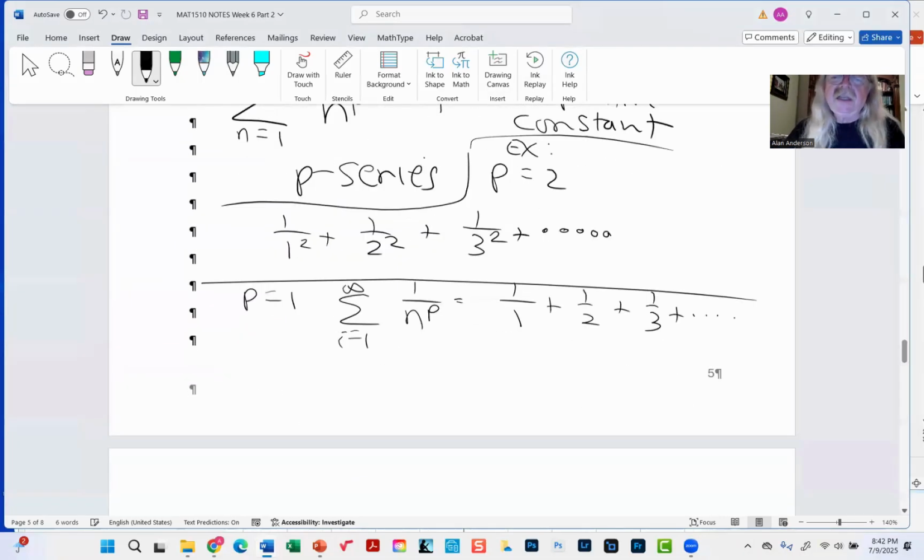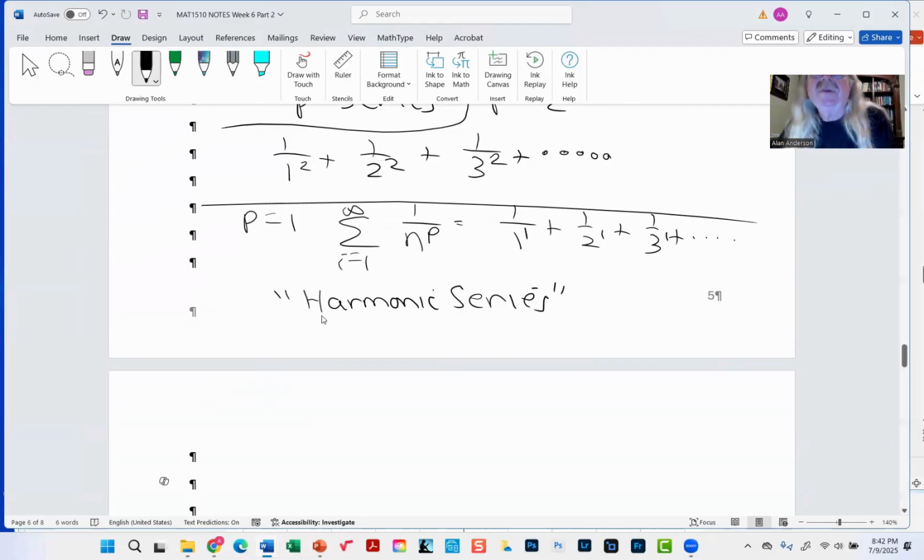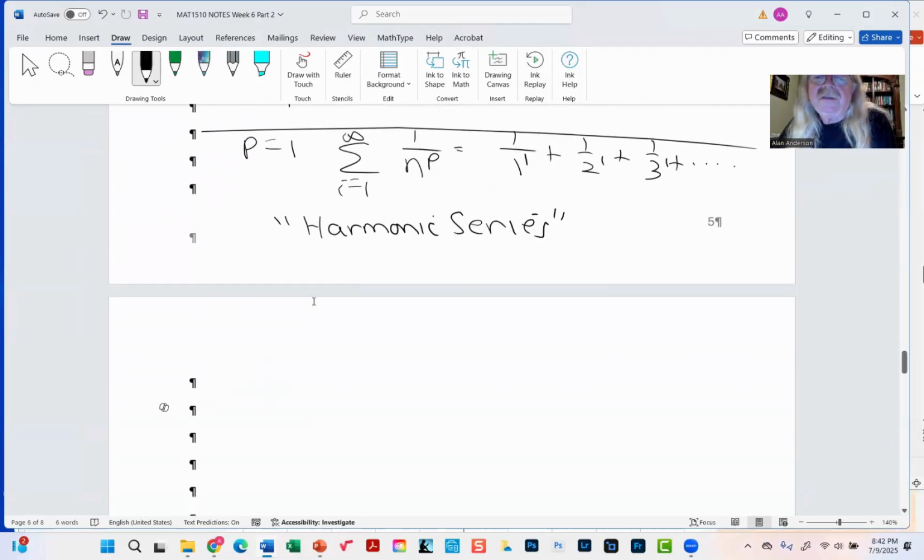Then, in that case, it's said to be a harmonic series. So if that exponent happens to be a 1, then it's a harmonic series.